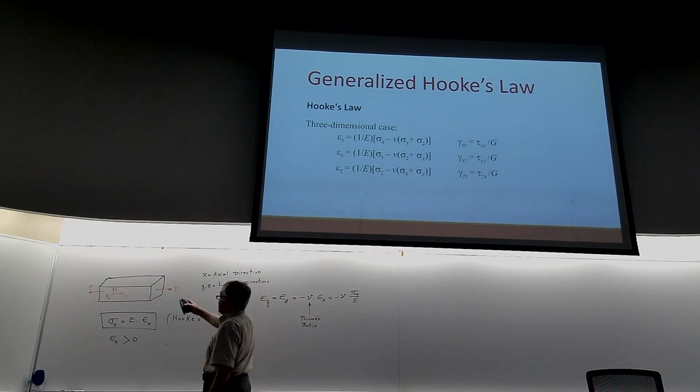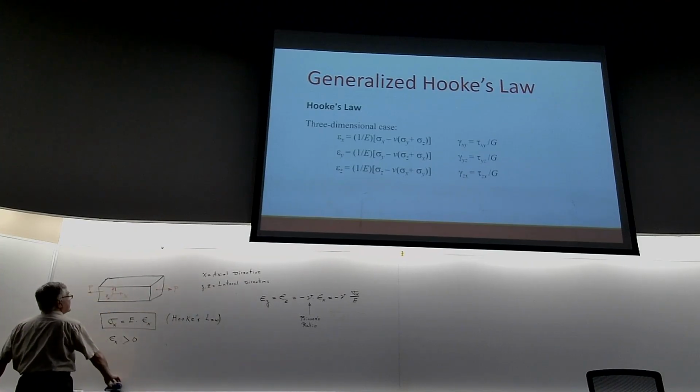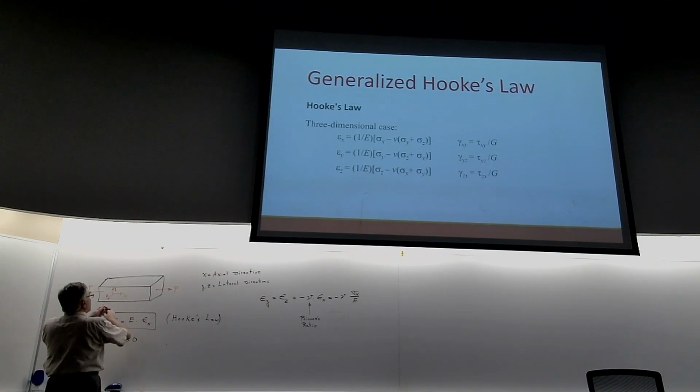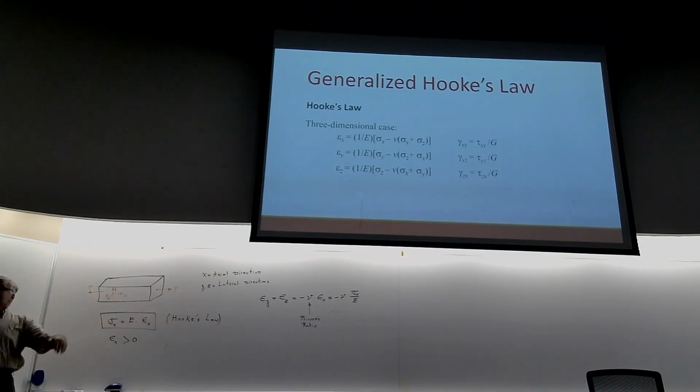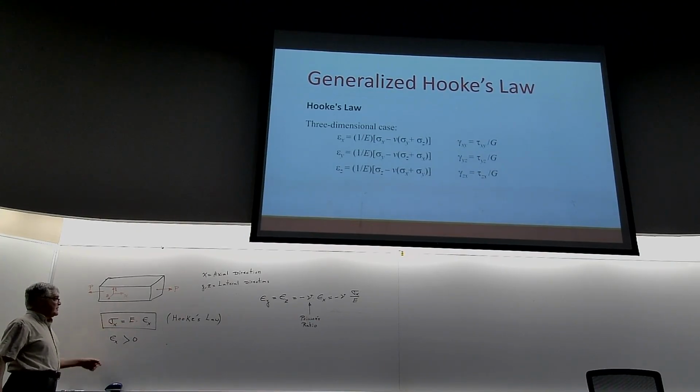So we are back to this situation in which all we are doing is apply a pair of forces in the x direction, which is called axial direction. This is Hooke's law. Sigma x is E times epsilon x.